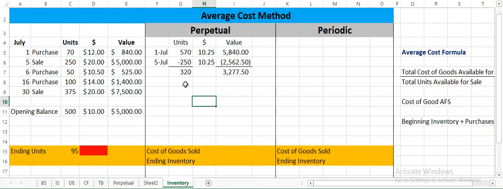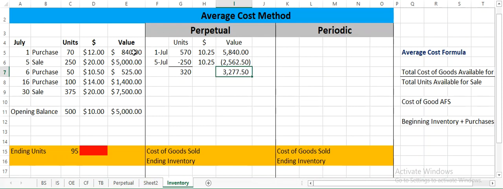So what this is saying is, after the 5th, I have 320 units that I have left over, and I'm valuing them at $3,277.50. So that means that if I was to prepare a balance sheet as of July 5th, this would be the amount that sits on the balance sheet underneath the asset section as my inventory. That's the purpose of all of this.